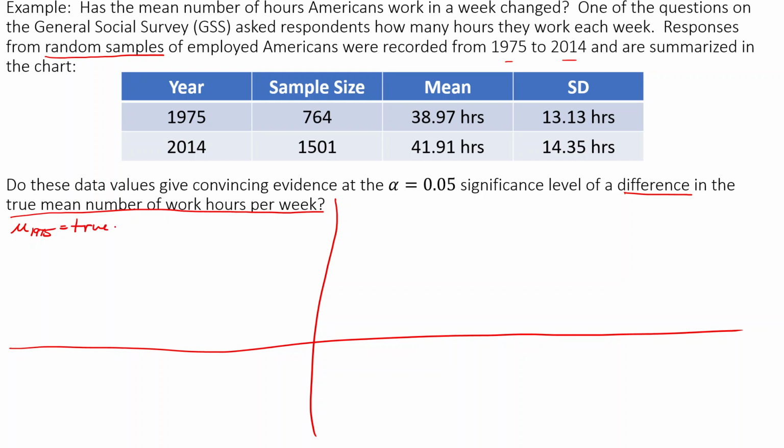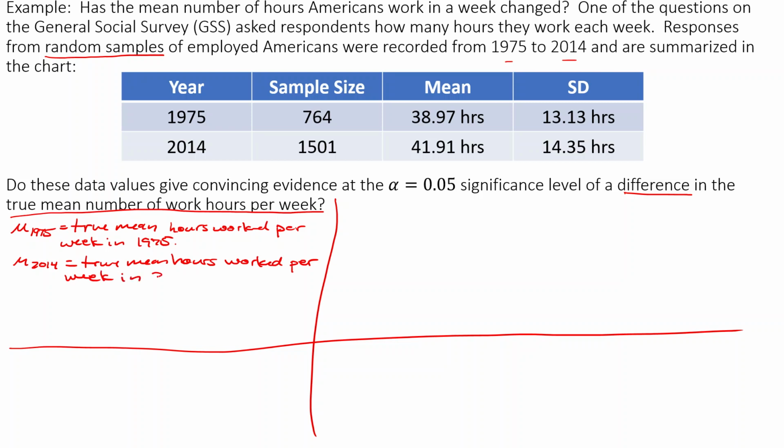This would be the true mean hours worked per week in 1975, and then we'd have the mean of 2014 equal the true mean hours worked per week in 2014. Our null hypothesis is going to be that they're the same. So the mean hours worked in 1975 equals the true mean hours worked in 2014.